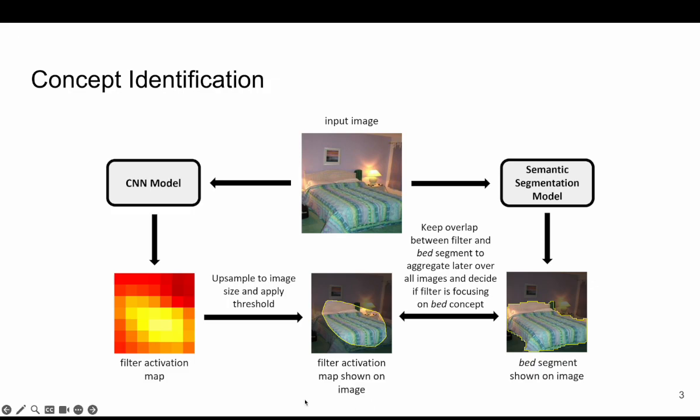We then take those areas of the image and identify any overlapping concepts that were identified by the semantic segmentation model. If there is sufficient overlap, and if this overlap occurs for sufficiently many images, then we might conclude that this particular filter happens to identify this particular concept, such as a bed.